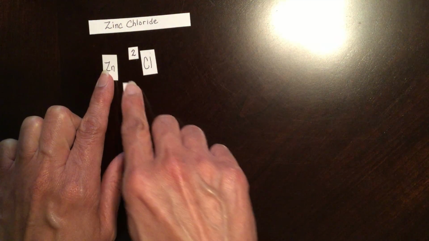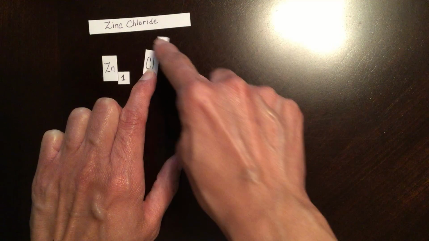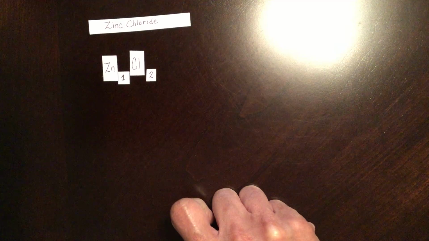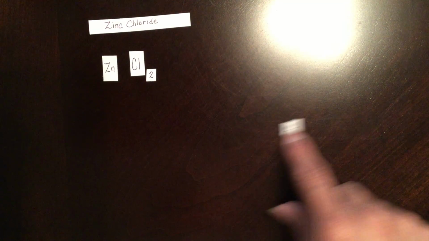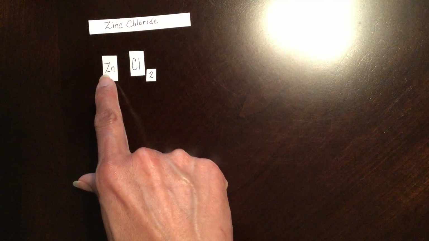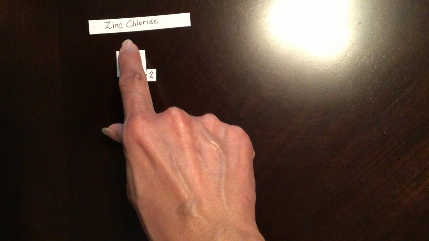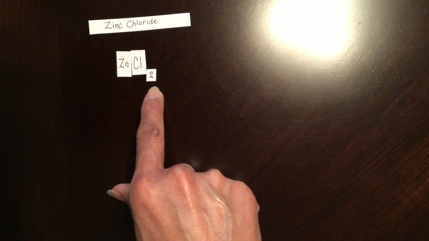The 1 from the chlorine becomes a subscript of the zinc. The 2 from the zinc becomes a subscript of the chlorine. Now, again, you don't have to write the 1 because once you write the symbol, it automatically says you have one of them. And then we end up with zinc chloride being ZnCl subscript 2.